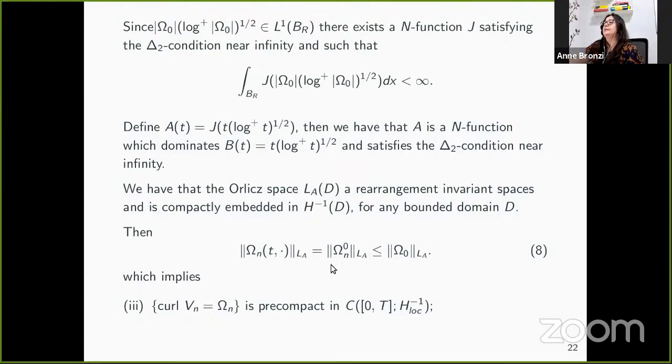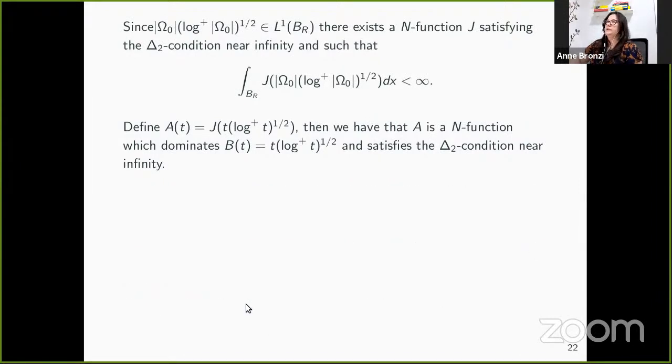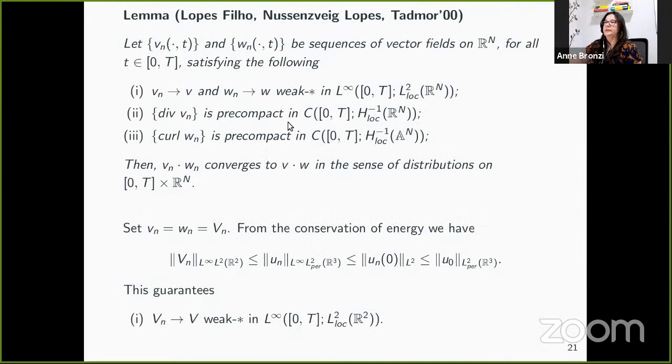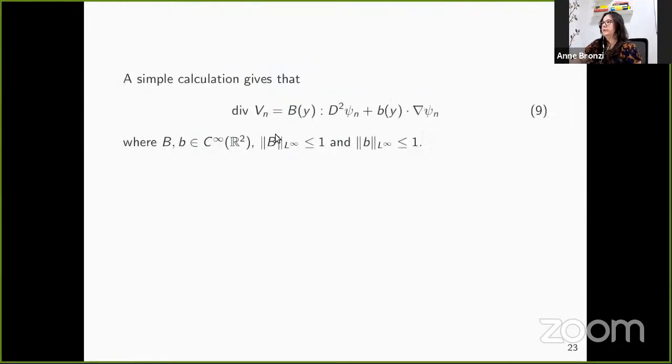And using that the space is compactly embedded in H-1, we have the pre-compactness of the vorticity in this space, which is the third condition here that we needed to verify. And the second condition, we just make the calculations here.